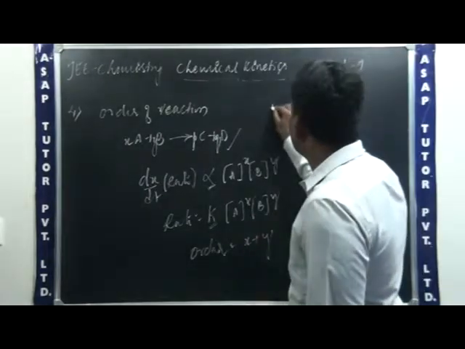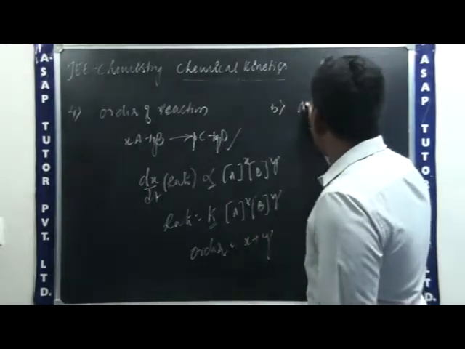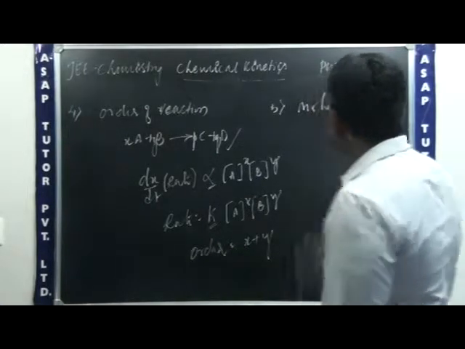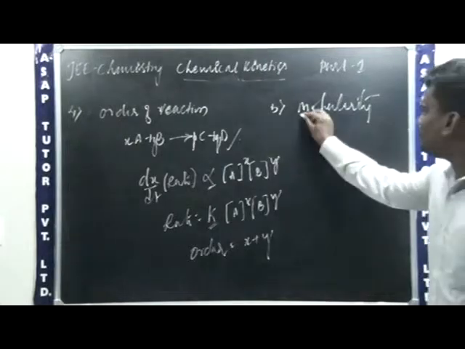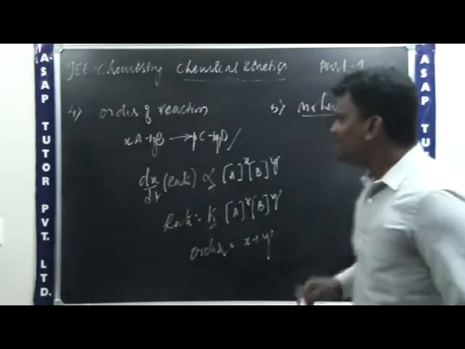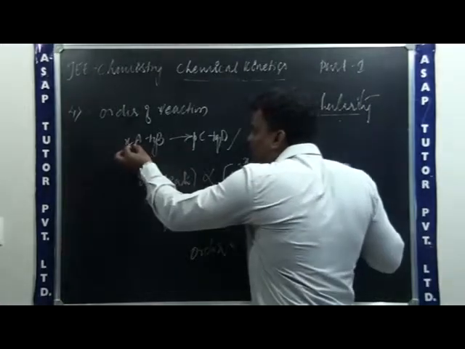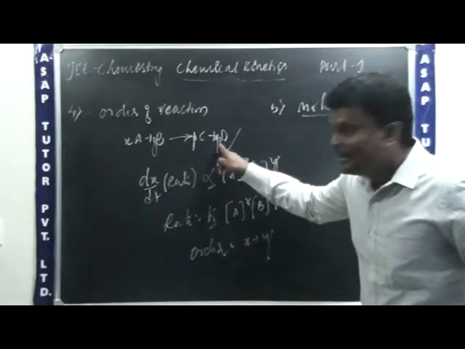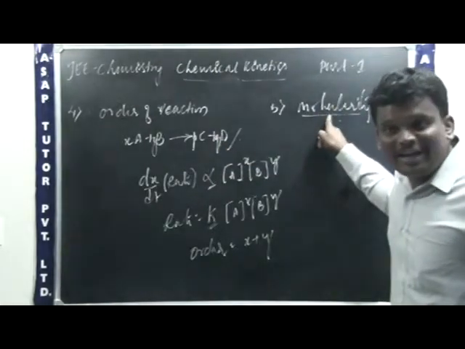Next, number 5: molecularity. We can give a very simple definition for molecularity. In the rate equation, the number of molecules going to react to form the product is called the molecularity of the reaction.